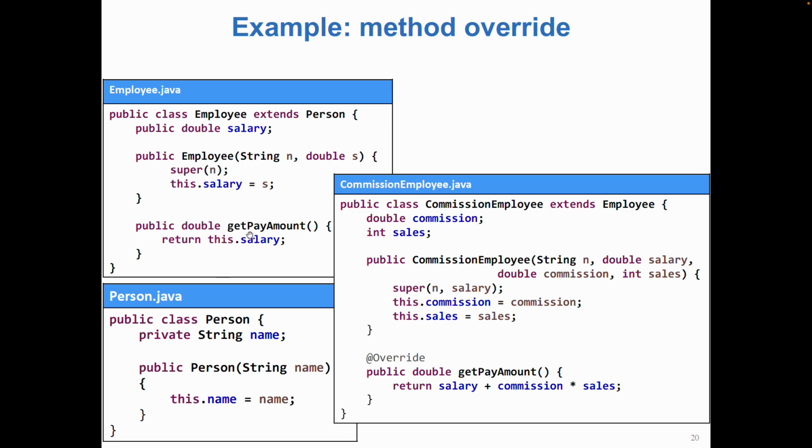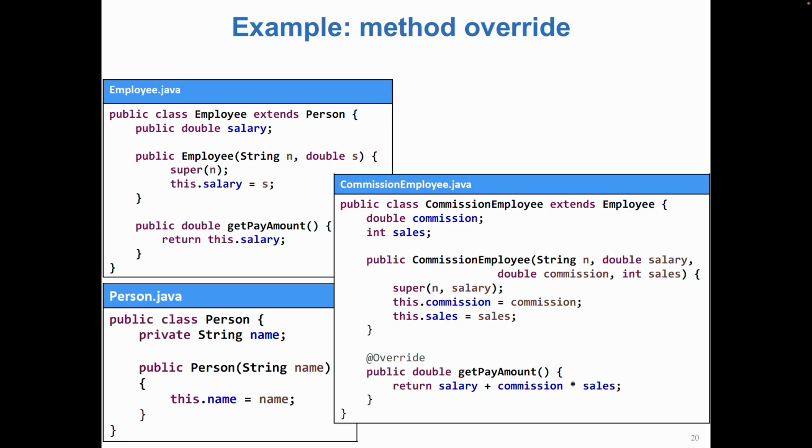It also has this get pay amount function, and then we have this commission employee. It extends employee. So there's like a grandfather, father, and son relation, in which it has commission and sales. In this commission employee, it has this long constructor. So it calls the constructor of the parent class, which takes two parameters, and then it sets the name and salary, and then it does these two other setting operations.